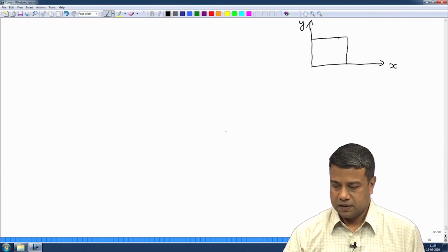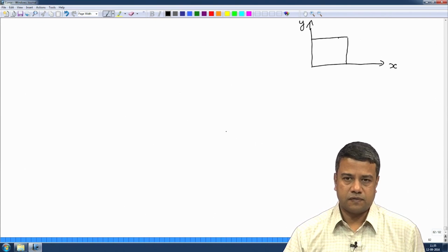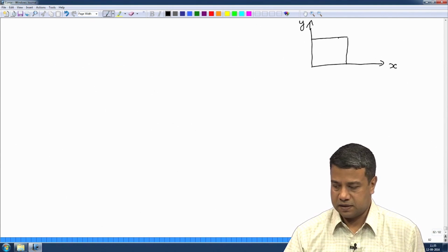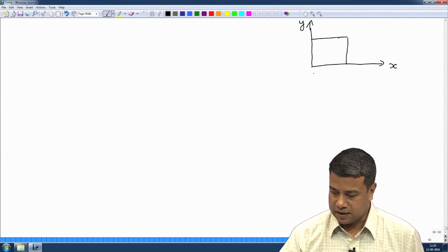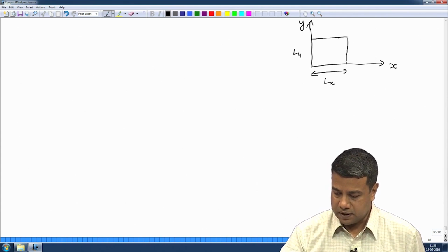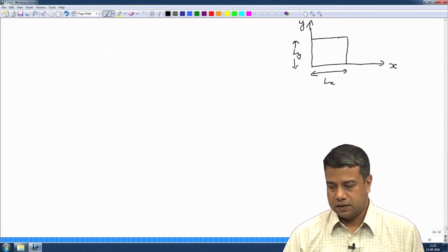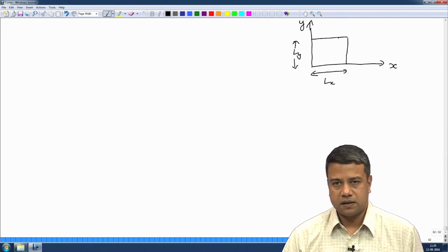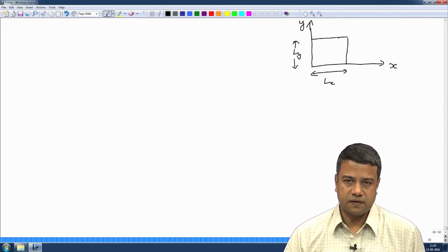Okay. So, I have a rectangular block of a solid or a fluid which satisfies the conservation condition. Let us assume that the length in the x direction is Lx, the length in the y direction is Ly, okay. And I will assume that the 4 faces are at different temperatures.